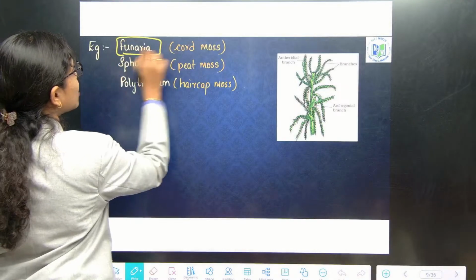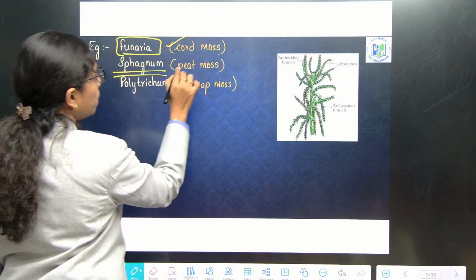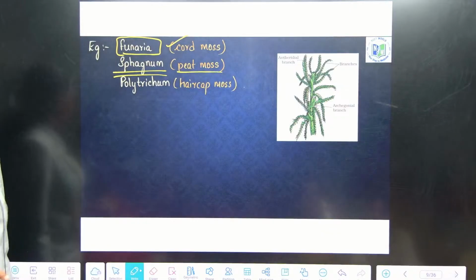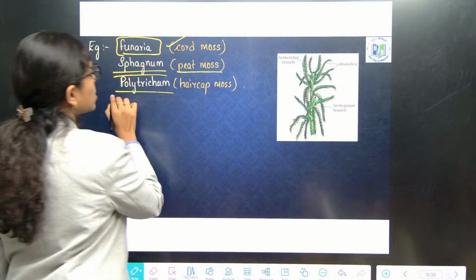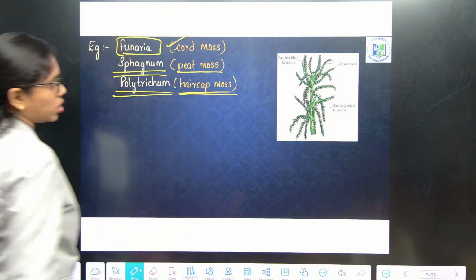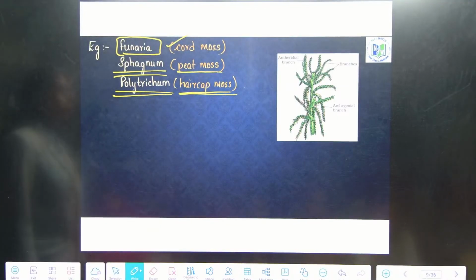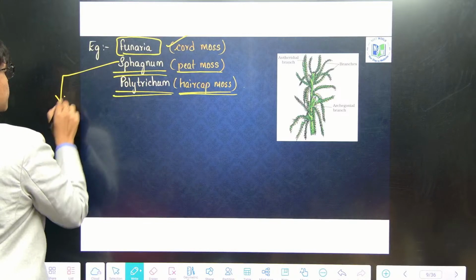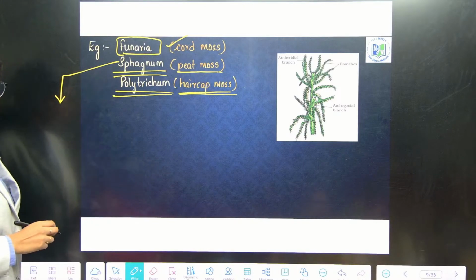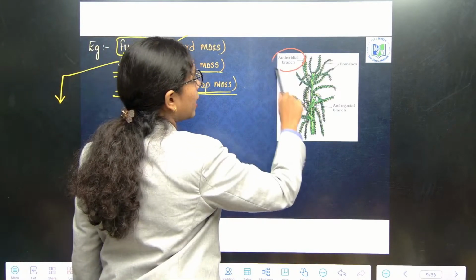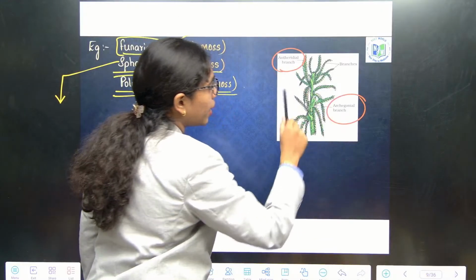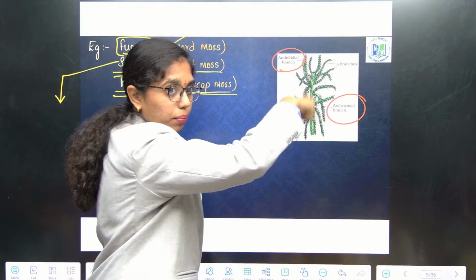Funaria is also known as cord moss. Sphagnum is peat moss, bog moss, cotton moss. Polytrichum is addressed as hair cap moss. Of these, Sphagnum is bisexual. It has both male reproductive structures and female reproductive structures over the same plant body.